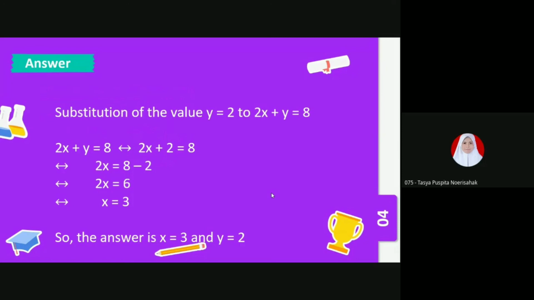Then move the 2 to the right. 2x equals 8 minus 2. 2x equals 6. So the result is x equals 3. So the answer is x equals 3 and y equals 2.